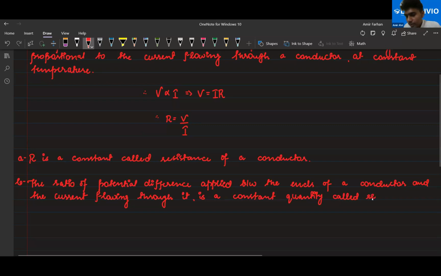Clear, everyone? Is that clear to all of you or not? So this is the definition of resistance in terms of the current and the potential difference across the two points.